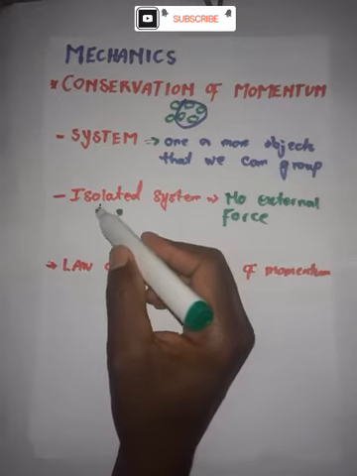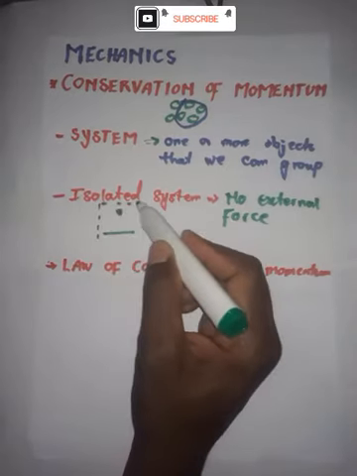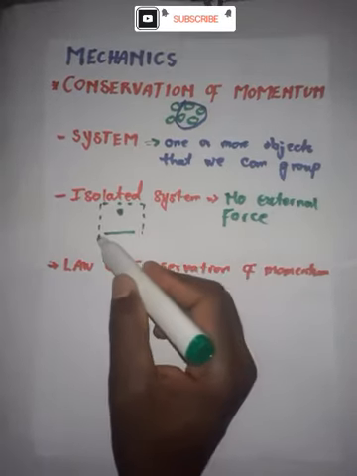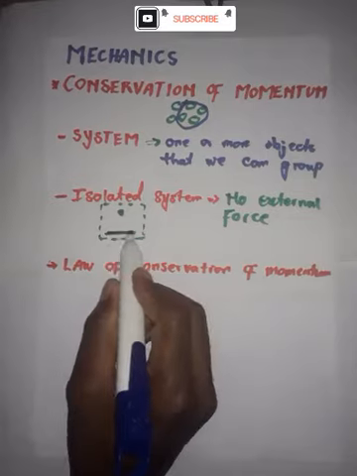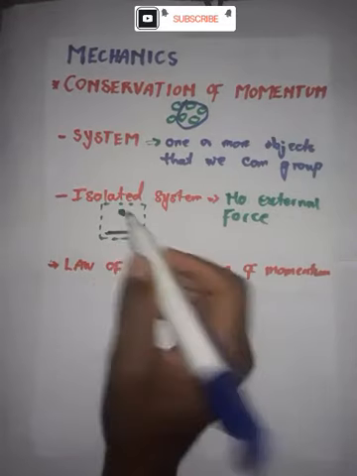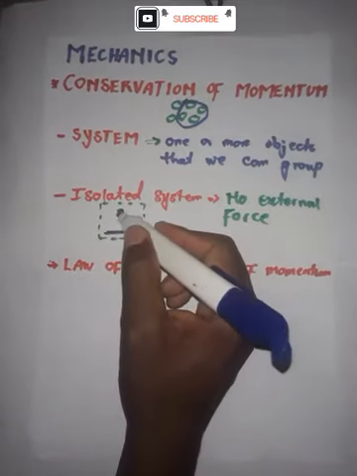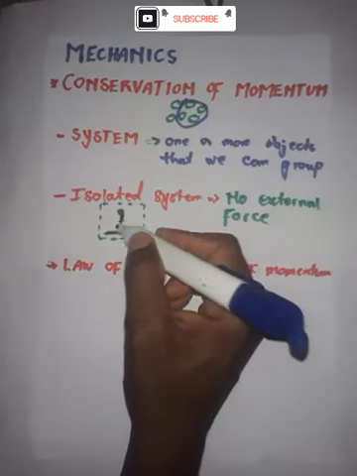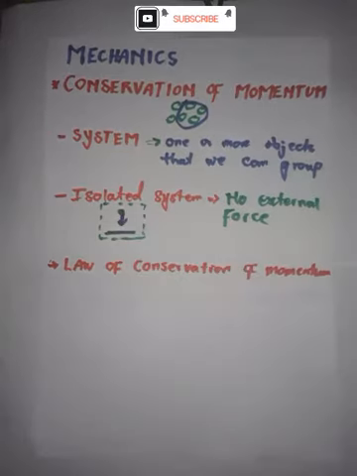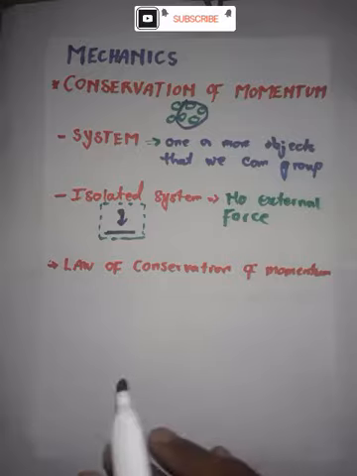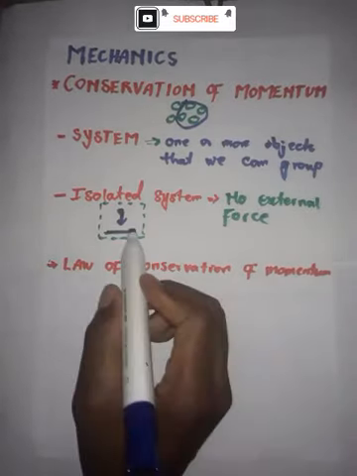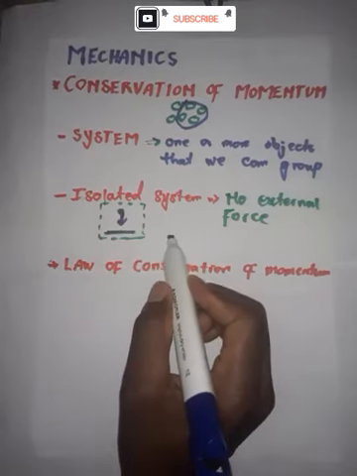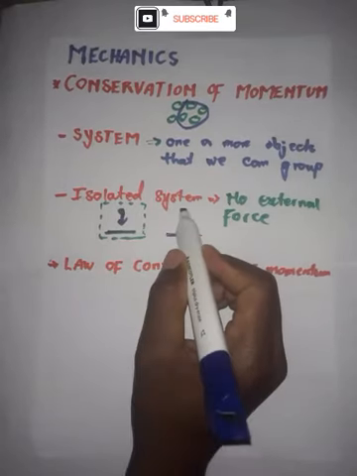If you take your system as the ground and the ball, there's no external force acting on the system, because the force of gravity which causes the object to fall is within the system. So if your system is a ball and the ground, this system is isolated.